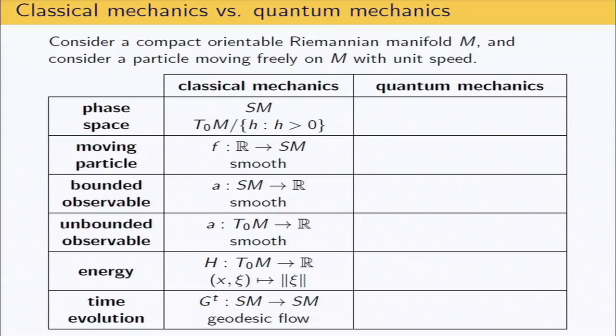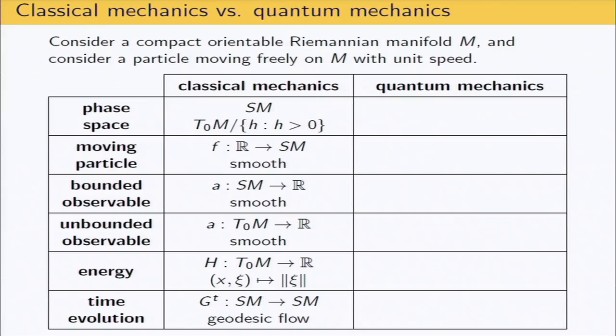And then there are various quantities that we can observe about this particle. So we'll talk about bounded observables, which are functions on phase space, that is on the unit tangent bundle, which are real valued and also smooth. These I will call bounded observables because indeed SM is compact, so these functions are bounded.